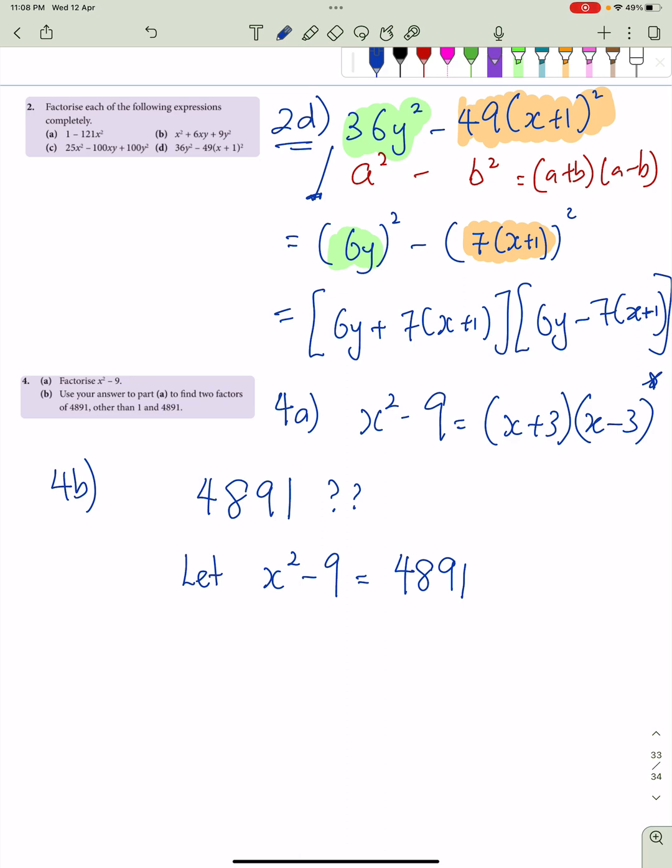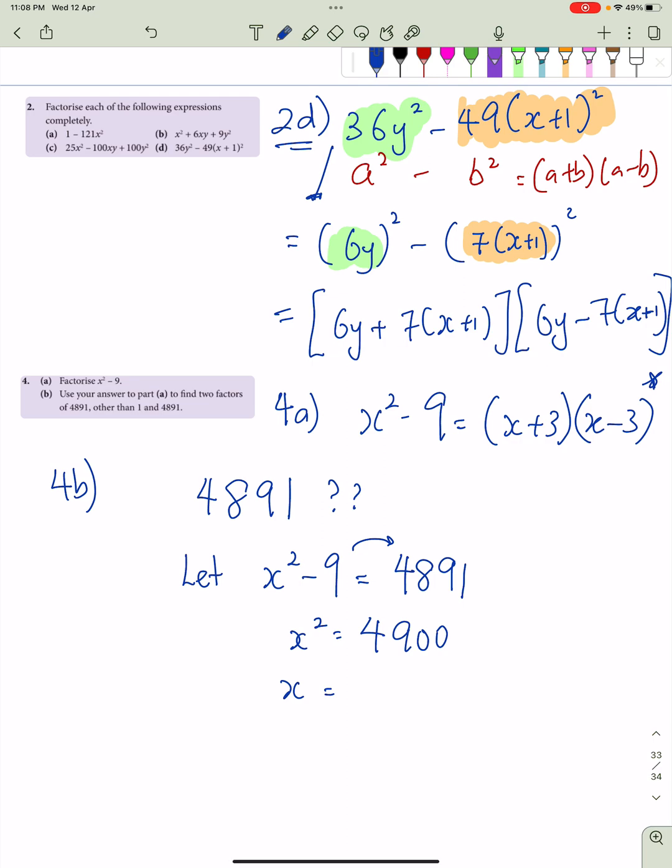Alright? And what this does is that if I were to try and solve for x, I know that x plus 3 and x... never mind. Let's try to understand in another way. So if I were to solve for x, then I know that x squared is actually 4,900.